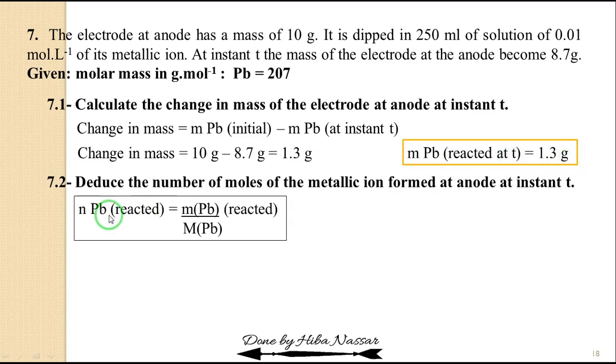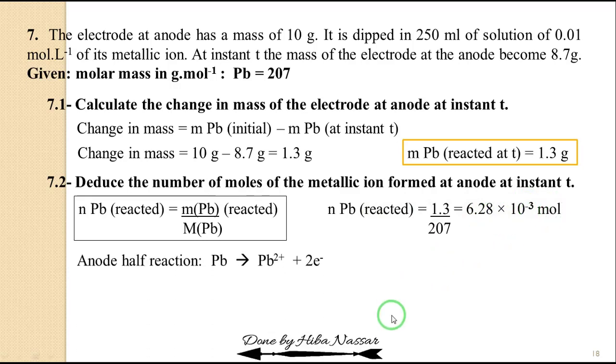So the number of moles of lead reacted is equal to 1.3 divided by its molar mass. So the number of moles of lead reacted at this instant is equal to 6.28 times 10 to the power minus 3 mole.